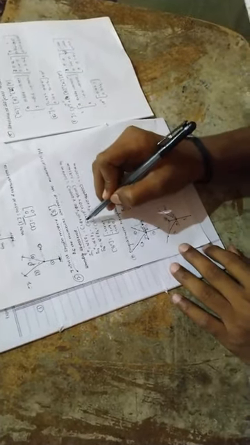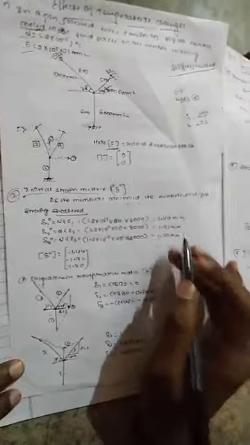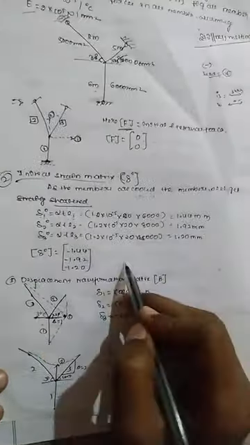So 1.2 into 10 to the power of minus 5 into the temperature change of 20 degrees Celsius, and the length of 6 meter, considered in mm as 6000. We get 1.2. Like that you have to calculate the initial strain matrix for all the members, member 1, member 2 and member 3. This is the second step.